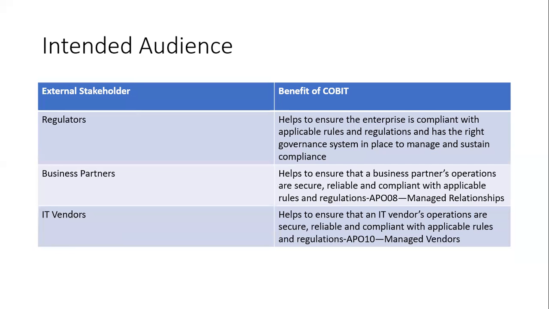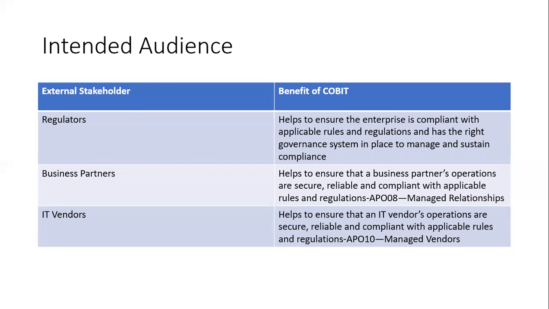Then we have the three external stakeholders, who are the regulators, business partners, and IT vendors. For the regulators, COBIT can help them to ensure the enterprise is compliant with applicable rules and regulations and has the right governance system in place to manage and sustain compliance. Virtually all the COBIT domains and governance and management objectives are relevant.